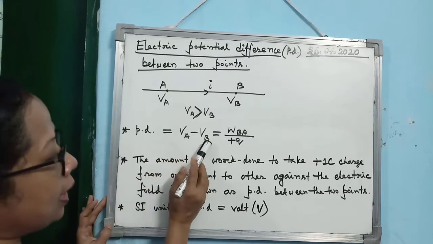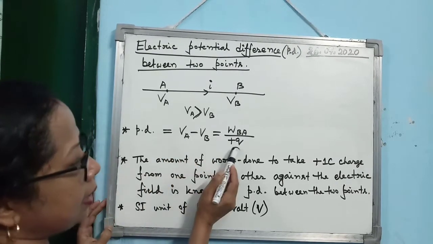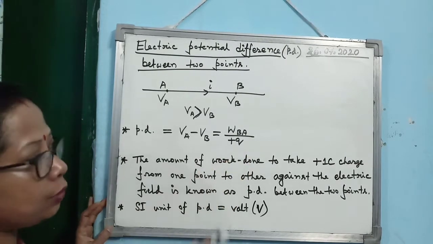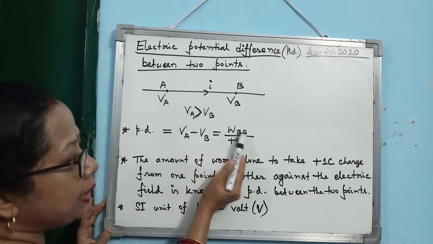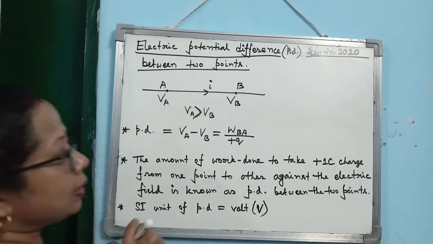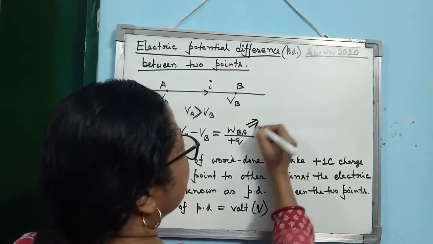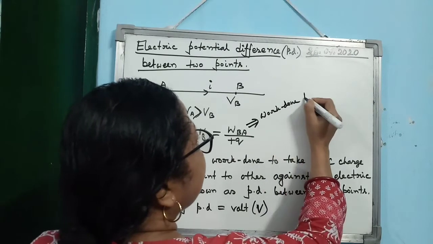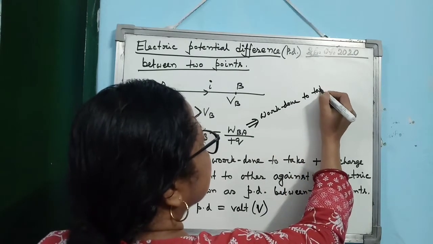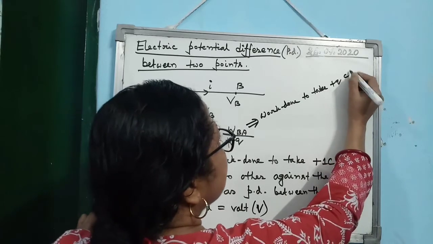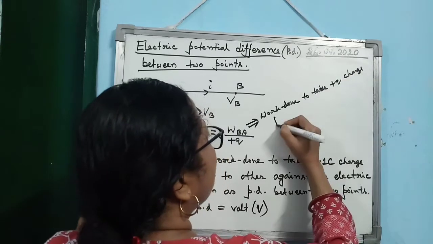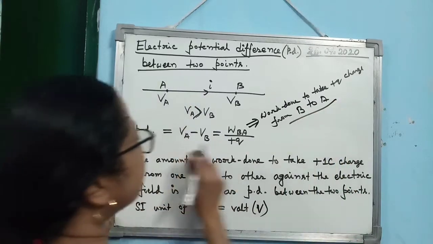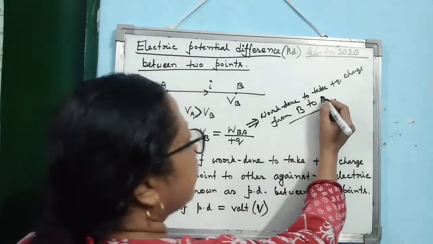When it is VA minus VB, you take the plus Q charge from B to A. You see what I have written, WBA? It is the work done to take plus Q charge from B to A. This is the point you have to understand and remember.